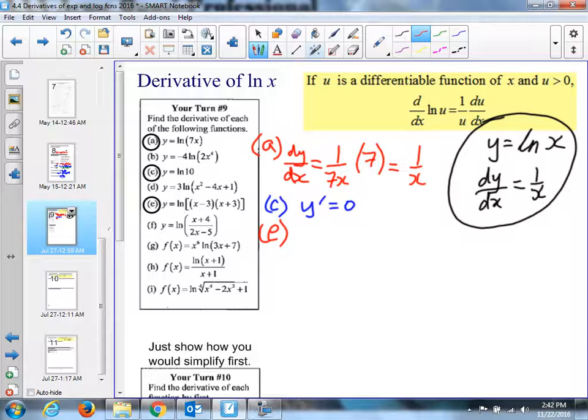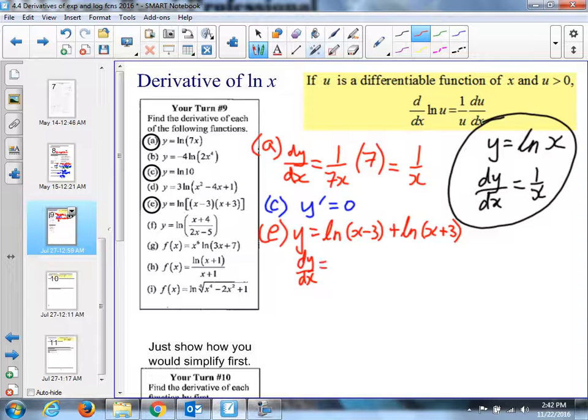The easiest way is to say, well, x minus 3 plus, make it two simpler problems. Does that make sense? Now you can do the derivative. I don't know if that's what you're getting at.